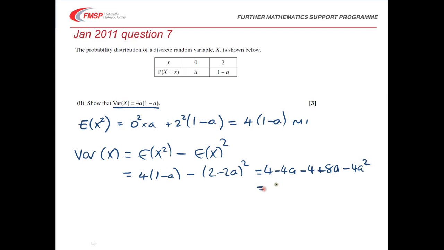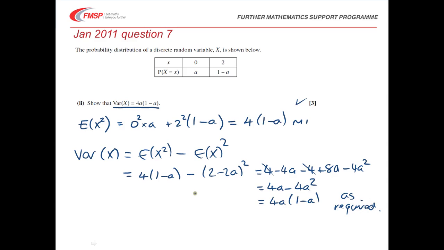If we tidy this up, that's going to give me 4a minus 4a squared, which we can see is going to be 4a times 1 minus a, as required. So that's good.